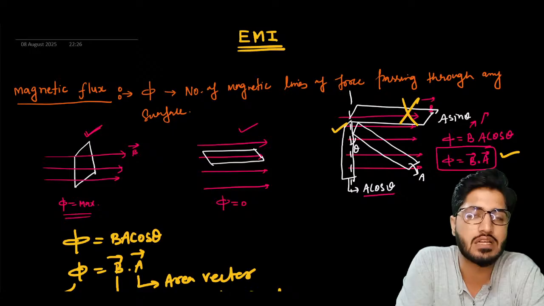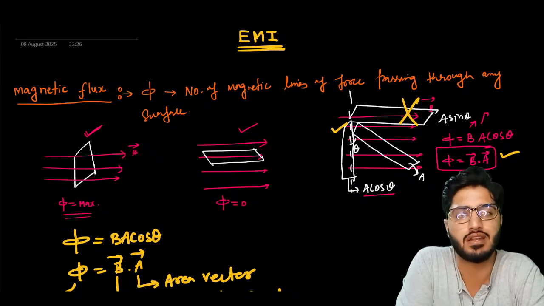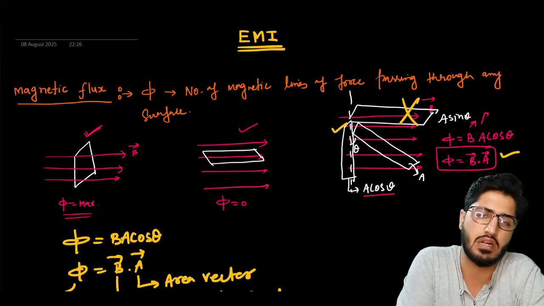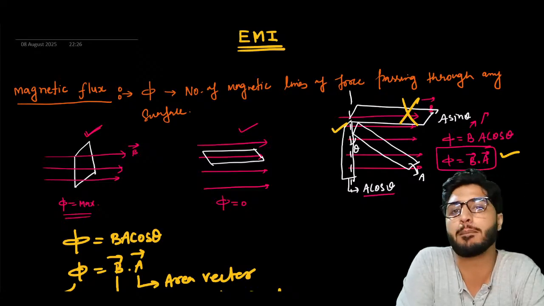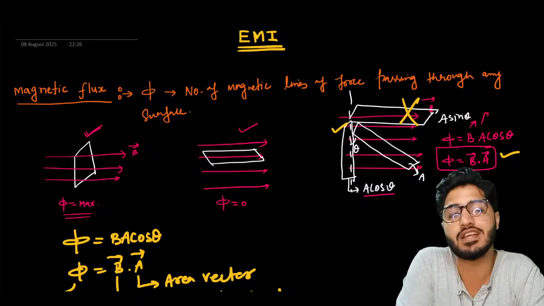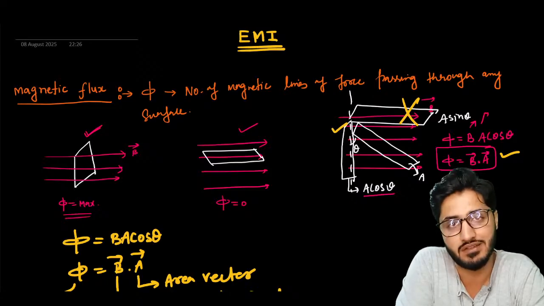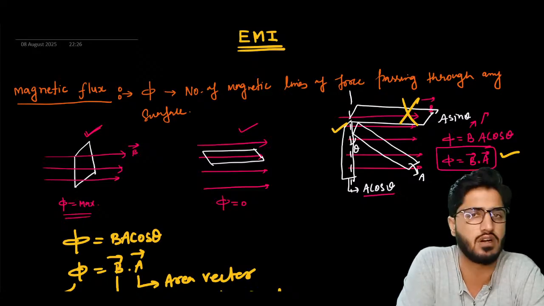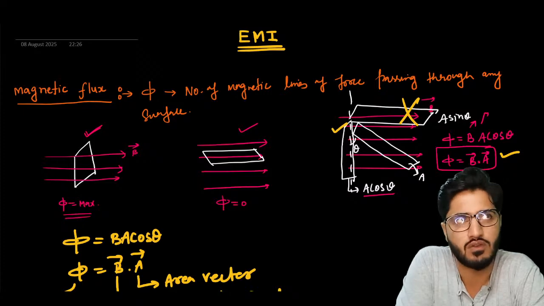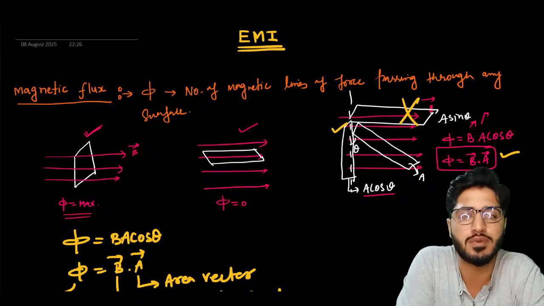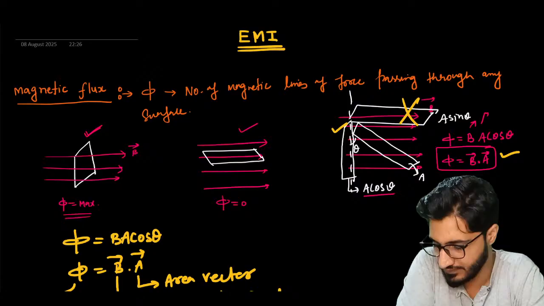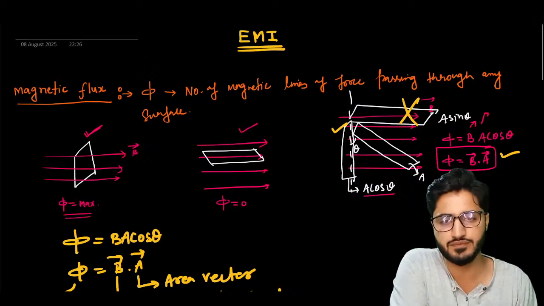If the angle between the area vector and the magnetic field lines is parallel, there will be a maximum flux. If the angle is 90 degrees, the flux is 0. Then we concluded with the generalizing formula, phi equals BA cos theta. It is a scalar quantity. So we concluded this topic.